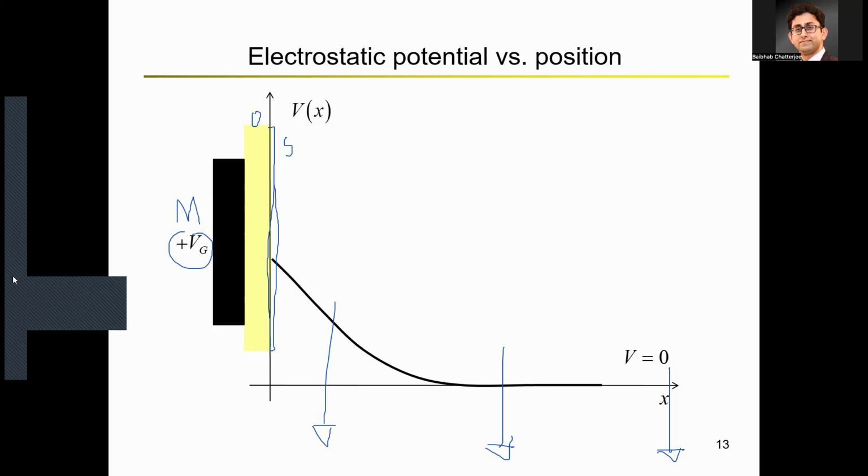Only the right-hand side, where you are actually connecting the ground, will have a voltage equal to 0. For the rest of the semiconductor structure, you'll see a gradual decrease in the voltage, starting from the metal gate, which was connected to a positive voltage VG, and gradually going to 0 voltage, because it's a semiconductor. It's not a perfect conductor and not a perfect insulator. You can think of it as a material with a large amount of resistance.